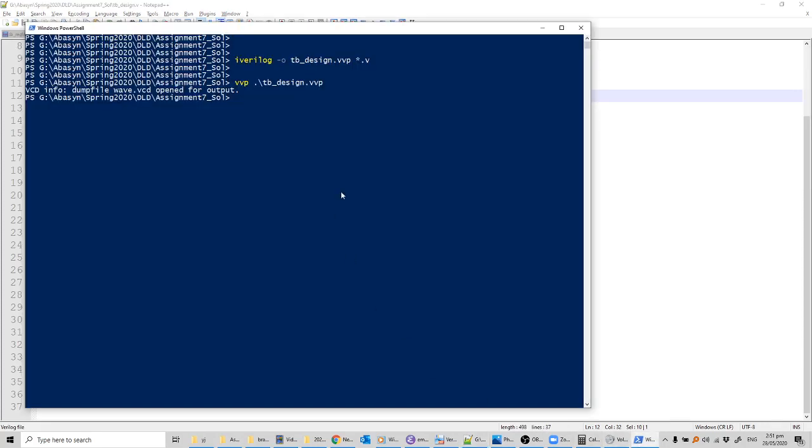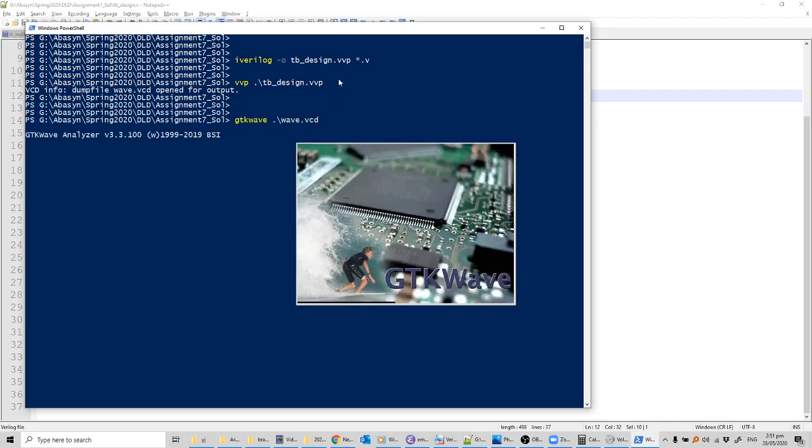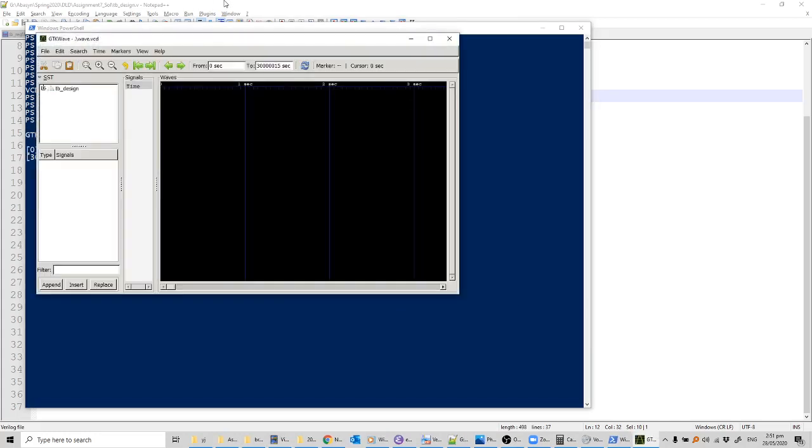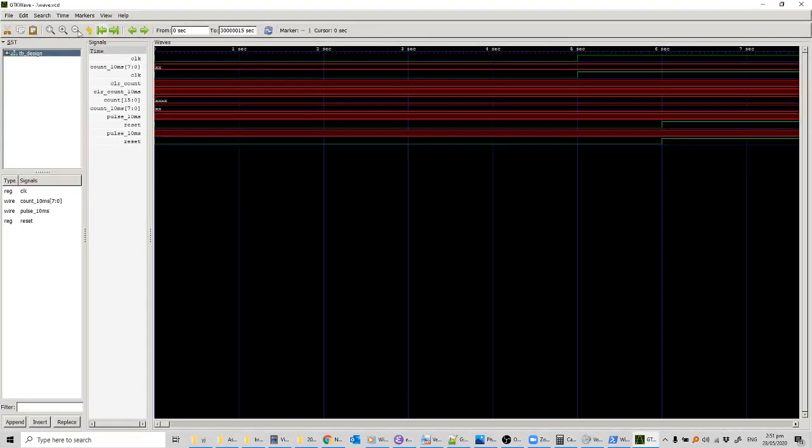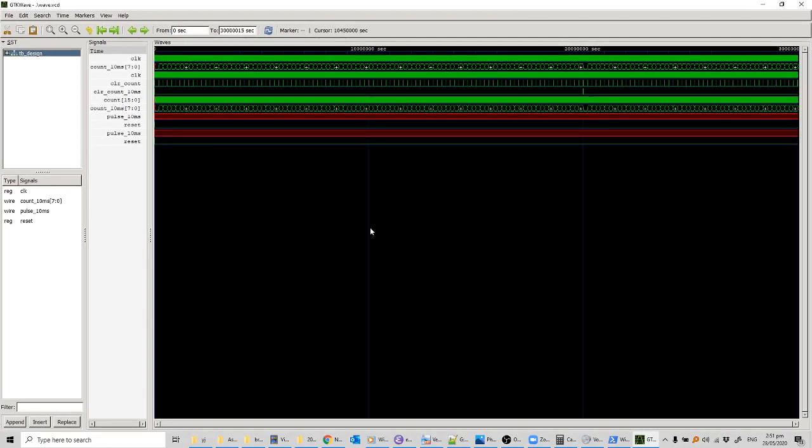That's why it's taking time. Now it's completed, so I can view the file. I think it was wave.vcd. Okay. So I'll append the signals. It's a relatively big file, so it's taking a bit of time.